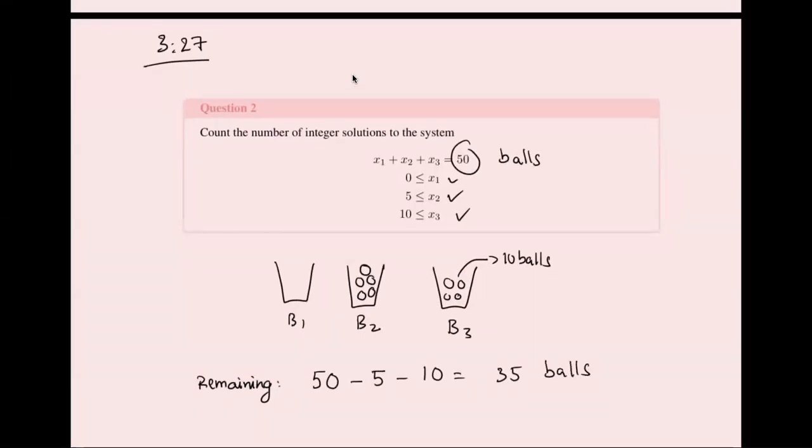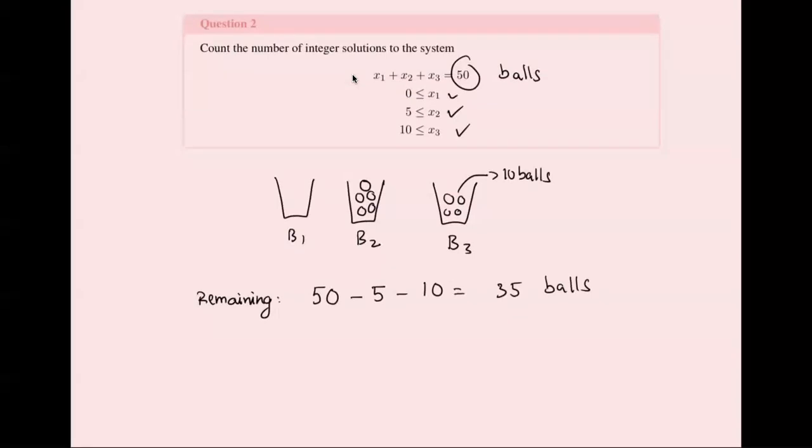So the number of ways that you can distribute the balls into those bins such that these conditions are satisfied is the same as how many ways you can distribute 35 balls into 3 bins without any condition. Because now, even though you don't impose any restriction, these conditions are already met because you already pre-distributed the balls into them.